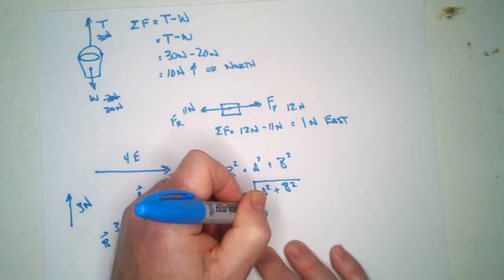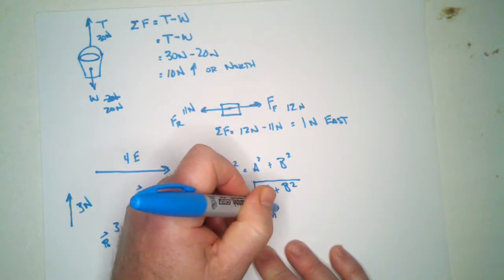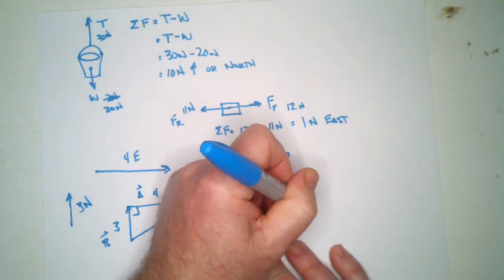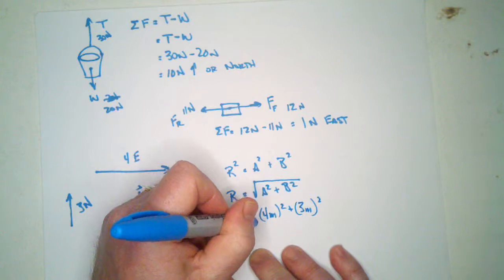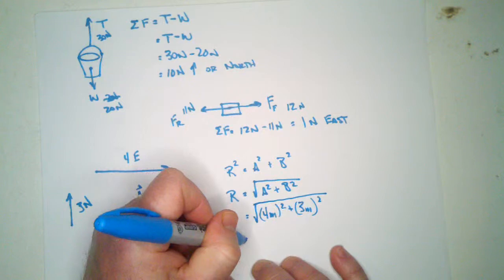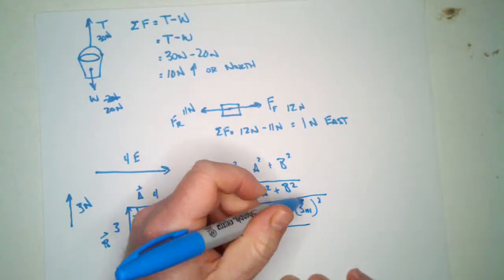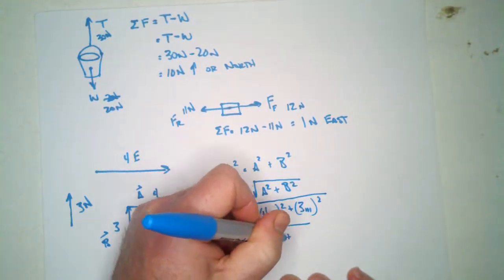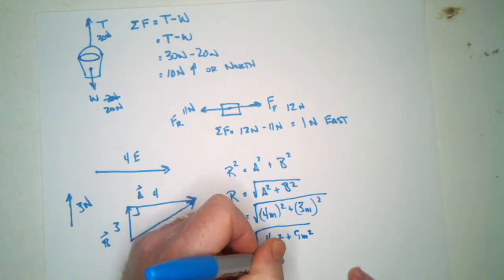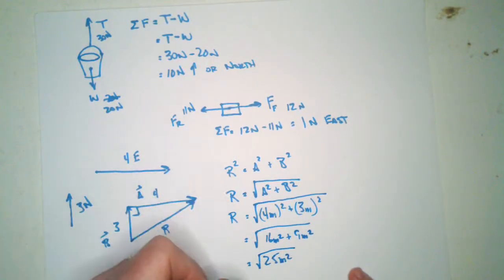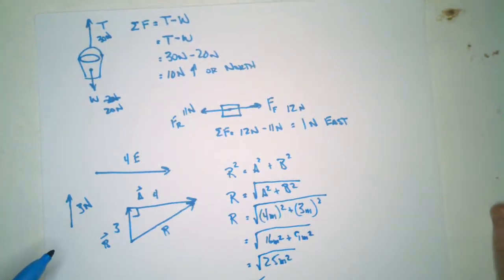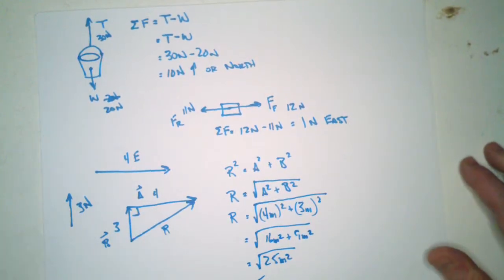So it would be the square root of 4 meters squared plus 3 meters squared, which is the square root of 16 meters squared plus 9 meters squared, which equals 25 meters squared, which equals 5 meters. So R is going to be 5 meters.